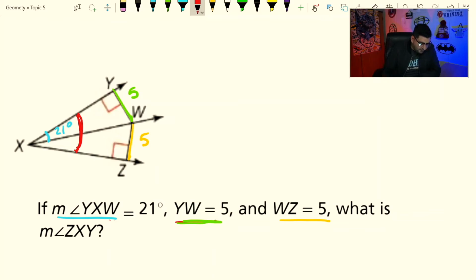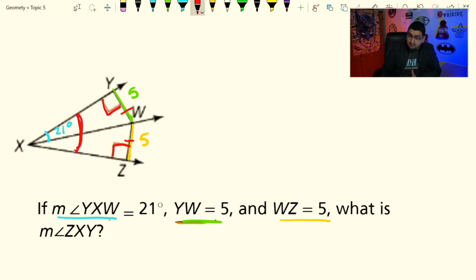Okay, so in order to find out what that whole angle is, I'm missing this smaller angle by X. But I can see here that I have two perpendicular angles, which to me is a red flag that I'm probably going to use the angle bisector theorem, or the converse of it. I also see that these two sides are equal to each other.